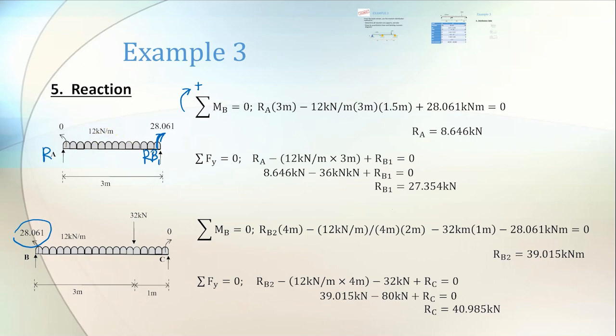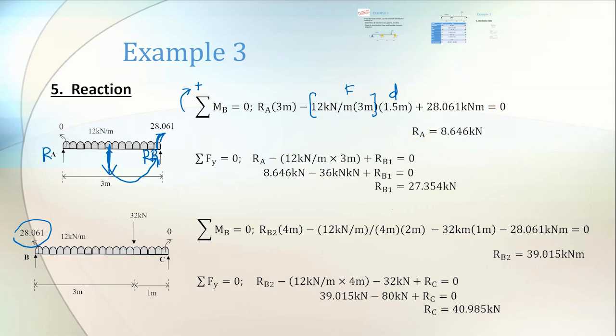So for 1 meter it is 12 kilonewton, but your beam is 3 meter, so you times with 3 meter, so this one is the force and the distance, which is from the centroid of the UDL, is 3 meter divided by 2, so that's why it becomes 1.5, and it is counterclockwise because it turns like this. Okay, force loading goes downward. You have 28.061, which is the moment. You must put it into this equation, equal to 0 due to equilibrium.